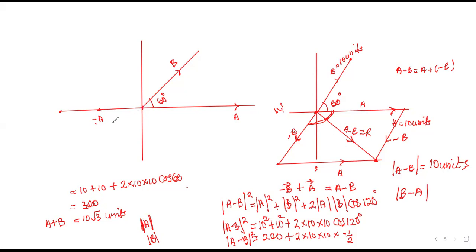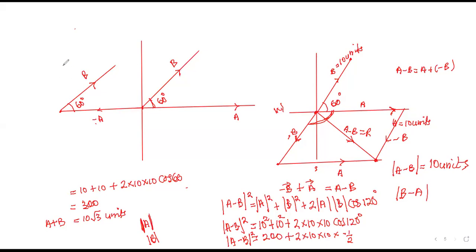Now, to get B minus A, I must realign their direction so that it follows that sense of orderliness. So I'll put B on the head of A so that both are parallel, in the direction of B as well. This angle will be equal to the 60.